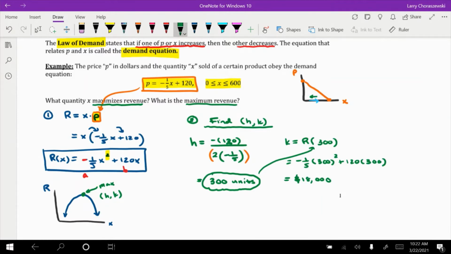All right, anybody getting something different? All right, so that's our max revenue. And 300 units is what we would need to sell in order to achieve this revenue.